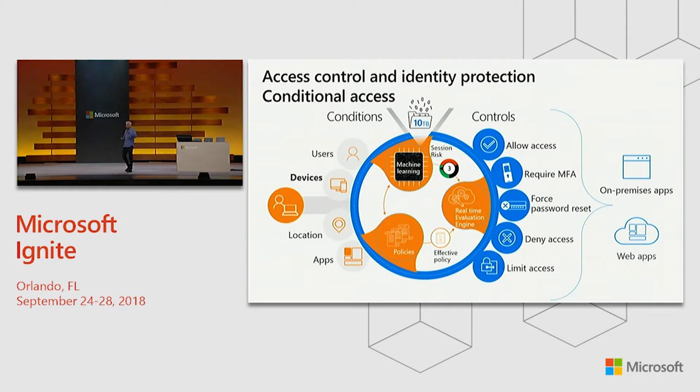And then you can also enable all these different controls within the conditional access engine around allowing access, denying access to certain things, requiring MFA for additional security, enforcing a password reset, and so on. And again, this capability works across both your cloud resources as well as your on-premises resources or applications.